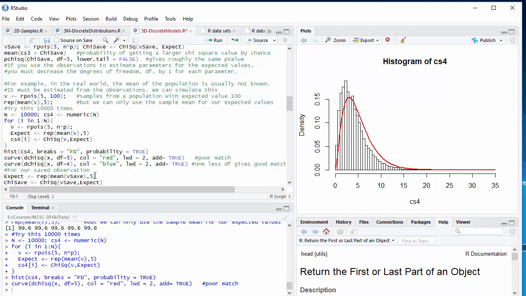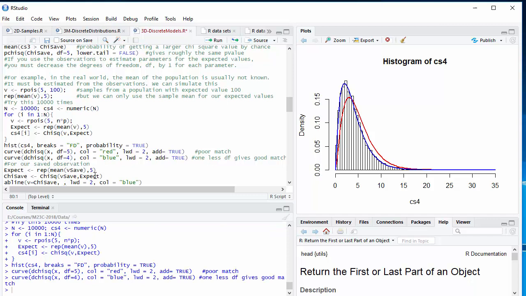Then the graph of the chi-squared function would not match very carefully. And the reason is that because I was using the expected value computed by averaging the 5 values instead of the true population mean of 100, I'm going to cut down on the expected discrepancy. If I drop the number of degrees of freedom by 1, then I get a remarkably good fit.